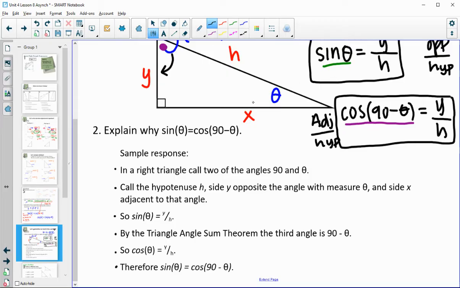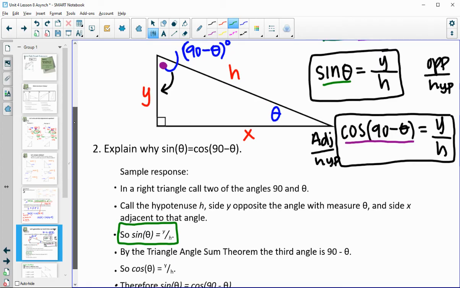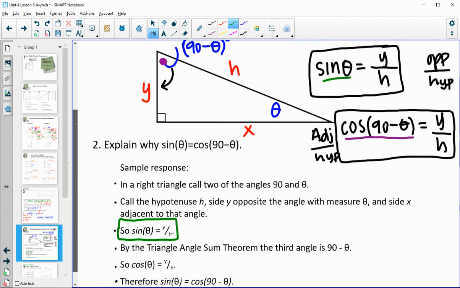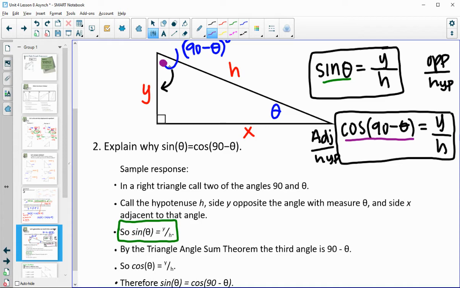So the sine of that is opposite Y over hypotenuse H. Okay, so we came up with the sine. Then triangle sum theorem gave us this other angle here as 90 minus theta. So we did the cosine of that angle, which was adjacent Y over hypotenuse H. We see that those two are equal to each other.